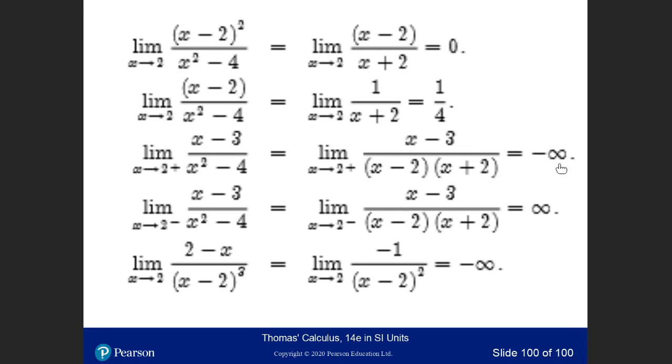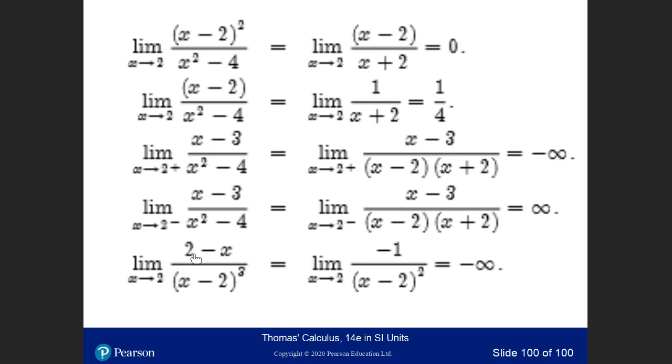Now we can say that x is equal to 2 is a vertical asymptote. Let's look at this one. x minus 3 divided by x squared minus 4. What happens if I approach 2 from the left side? Now, I again factorize. This is negative, this is positive, this is negative. So the result is positive. So the limit as x goes to 2 from the left-hand side is positive infinity.